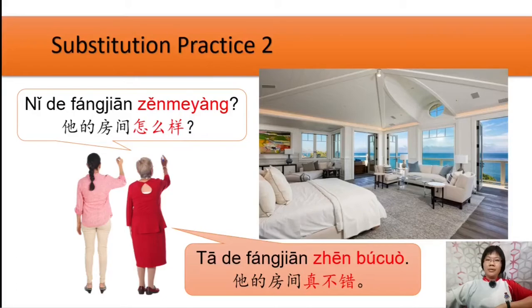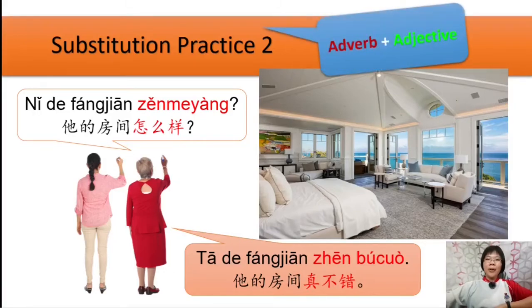What's the difference of 真 with 很？很 very, sangat. 真 you might describe as a higher level of very, which is sungguh in Bahasa Melayu. 很 sangat. 真 sungguh, very, a higher level. This is the formula for adverb and adjective. You always put the adverb in front of an adjective.